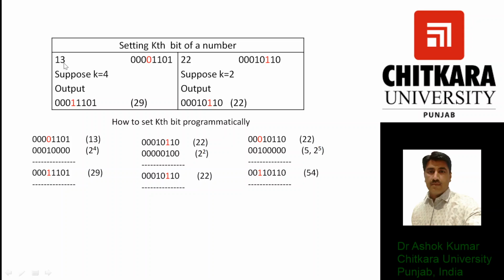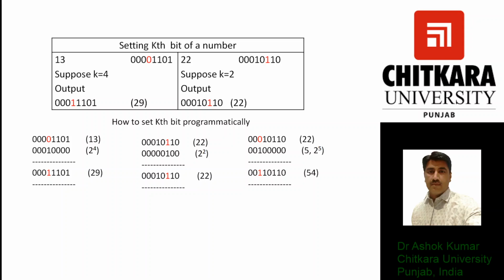Now let's discuss it with an example. If the number is 13, this is the binary representation of the number, and we want to set the fourth bit of this number to 1. I have shown the fourth bit in red color. Keep in mind we are counting the bits from 0.